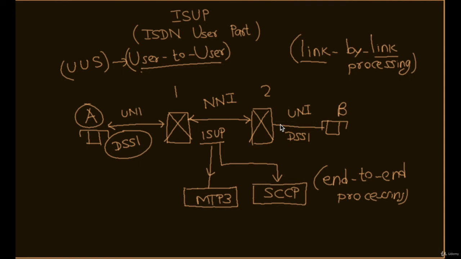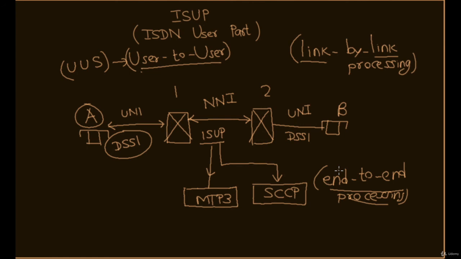Now it is not mandatory that end-to-end processing cannot be done using link by link processing, but the other way is not possible. Because for end-to-end processing, the message has to be handled at the end, but it can be handled in between also. So it is just useless message processing which is happening at every hop.